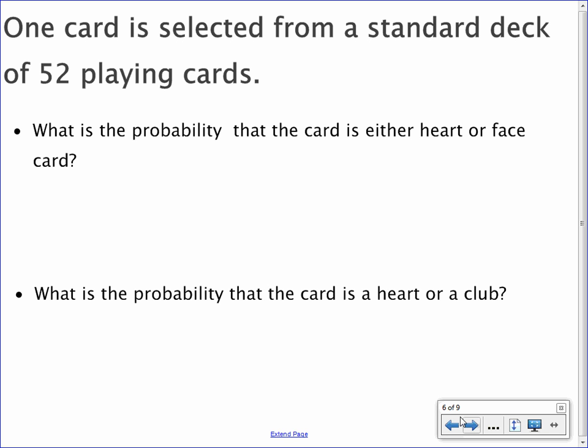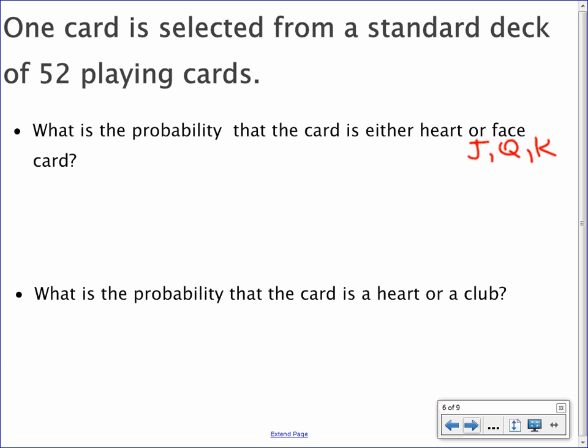Yay, playing cards. For real, what is the probability that the card is either a heart or a face card? First of all, what is a face card? Jack, queen, king. An ace is not a face card.